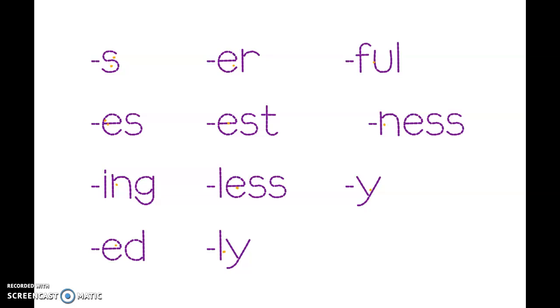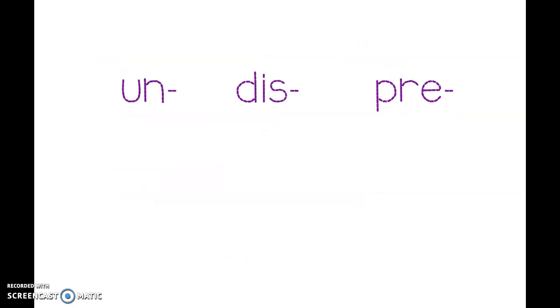Where do we find prefixes? Good job, at the beginning of root words. These are the prefixes that we've learned this year. Let's try to think of some words that has one of these prefixes. Let's look at the first one.